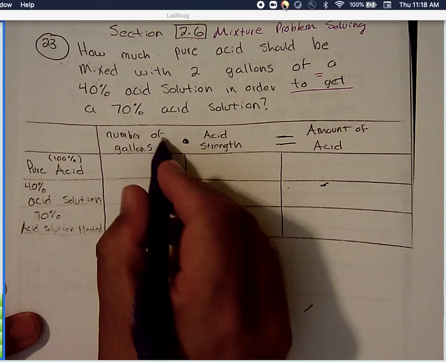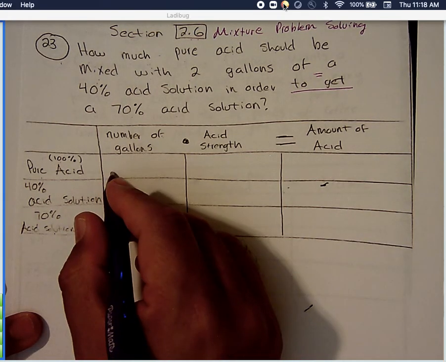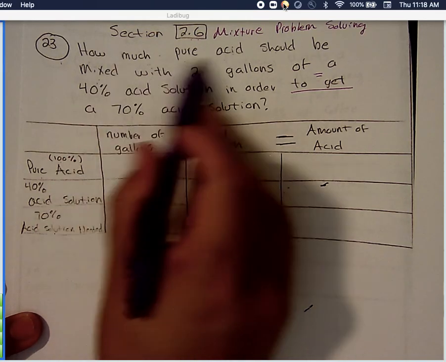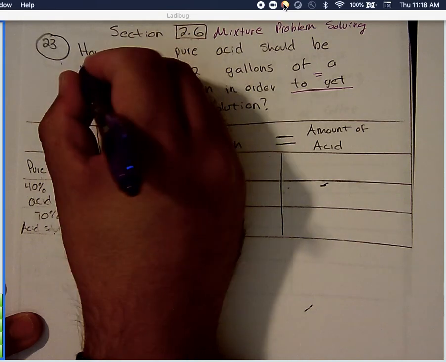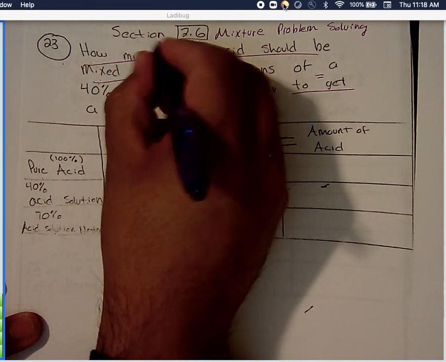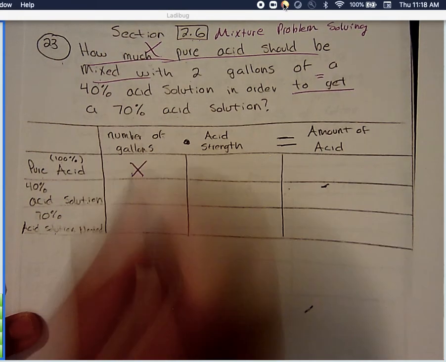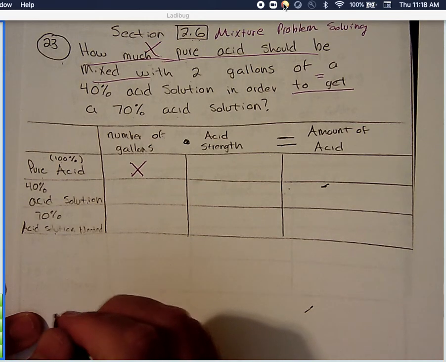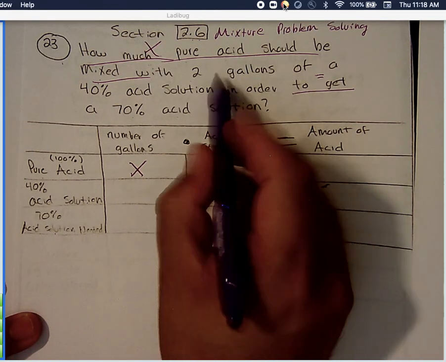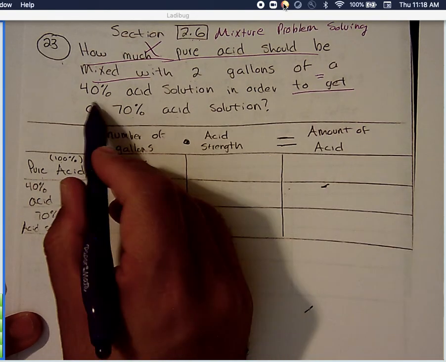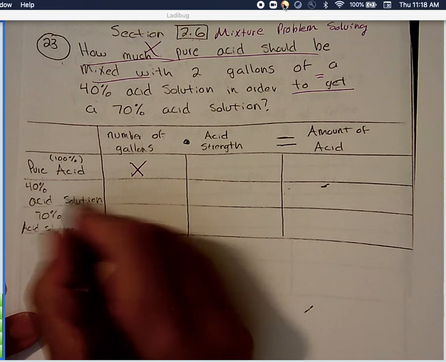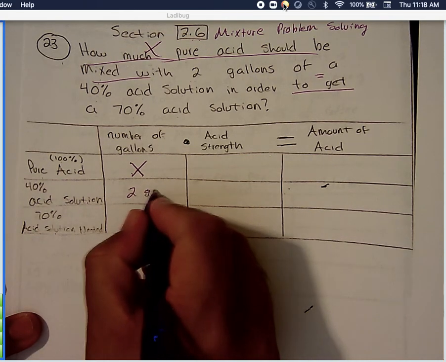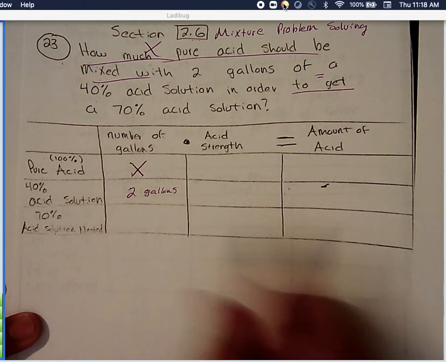Okay, now we can fill out the table. So number of gallons for pure acid. How much pure acid should be mixed? This is the X. We don't know that. What we do know is 2 gallons of 40% acid solution. So we have number of gallons, we have 2 gallons of this. Okay.